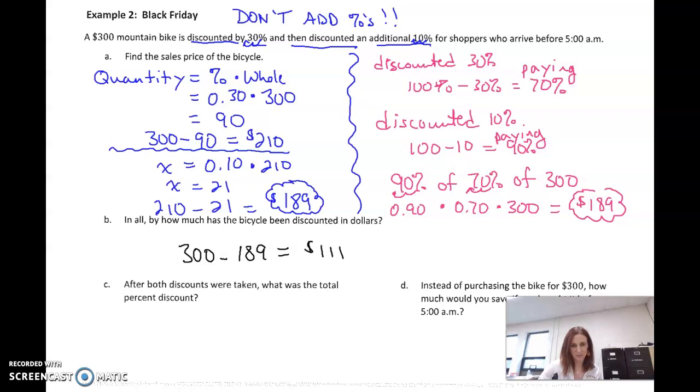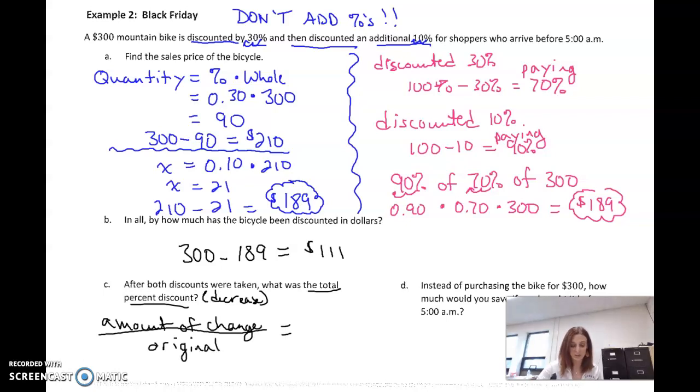After both discounts, what was the total percent discount? Percent discount. Percent decrease. Okay? So remember, when we see percent discount or decrease, we think of this other formula. Amount of change divided by original.